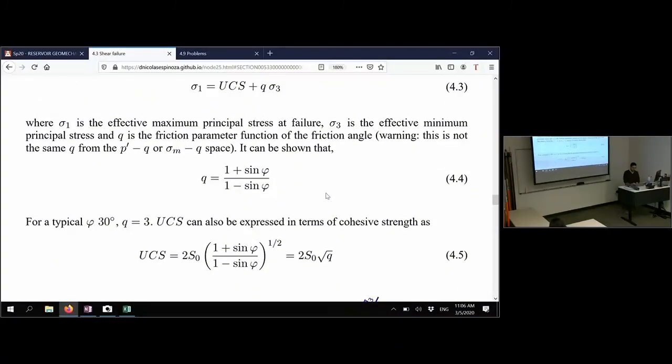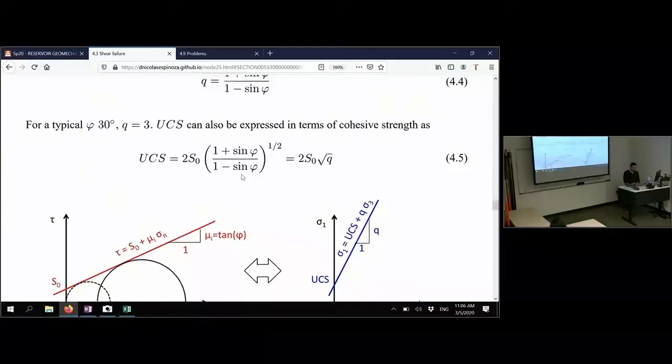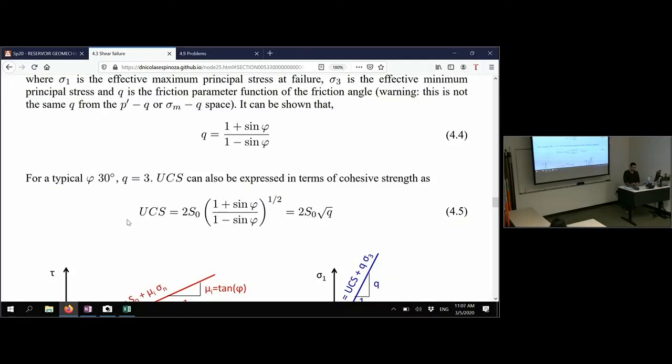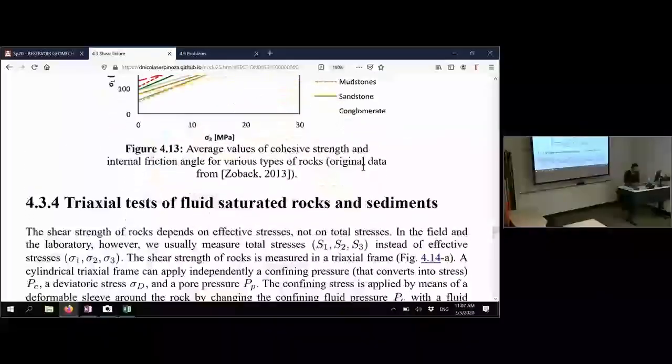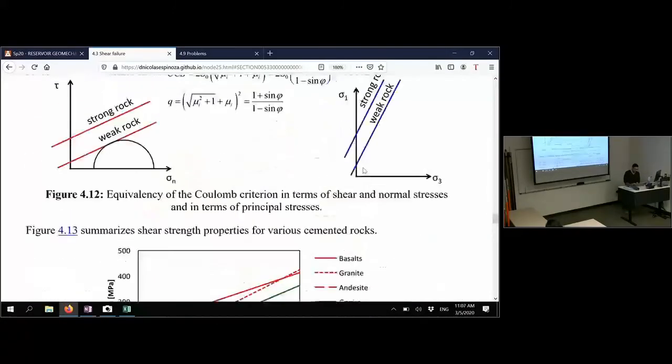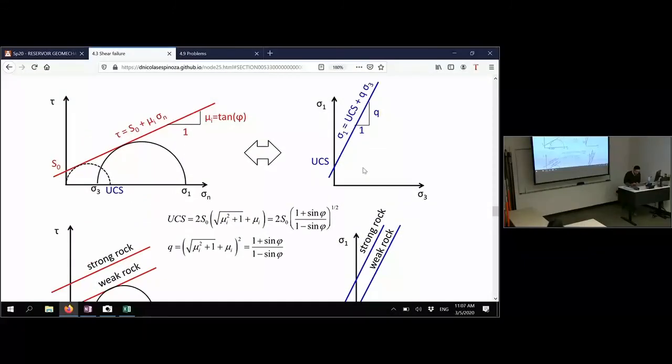Okay, so from this equation, if you know what UCS is, then the cohesive strength will be UCS divided by 2 divided by the square root of this parameter Q, which is 10 point something, right? And if you wanted to get the friction angle, the equation is somewhere over here. Let me see.